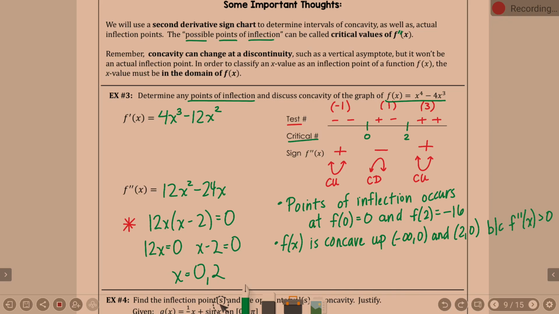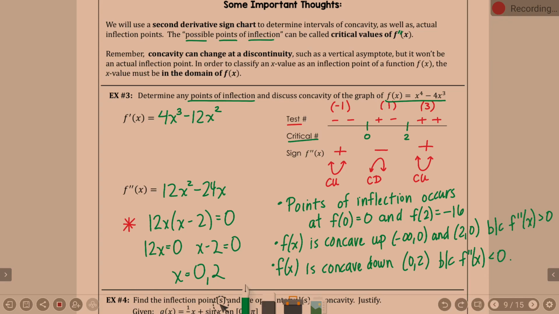We can write a similar statement that f of x is concave down on the interval 0 to 2, and my reasoning there is that f double prime of x, the second derivative, is less than 0. Okay? Would it be a bracket or keep it in parentheses?